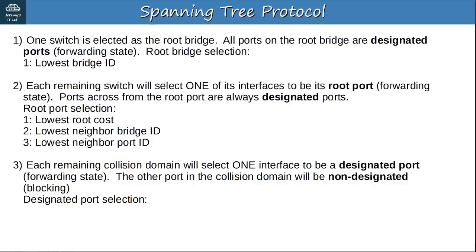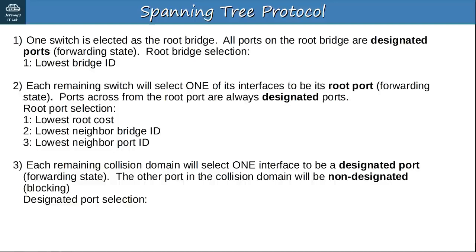So here is the process for selecting the different port roles and states in spanning tree. One switch is selected as the root bridge, the switch with the lowest bridge ID. Then, each remaining switch selects one of its interfaces to be a root port. The interface with the lowest root cost is selected. If that's a tie, the interface connecting to a neighboring switch with the lowest bridge ID is selected.